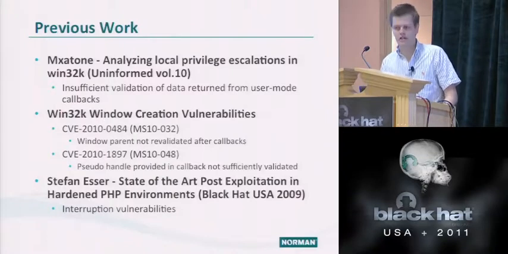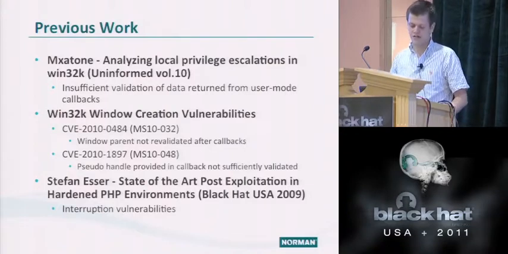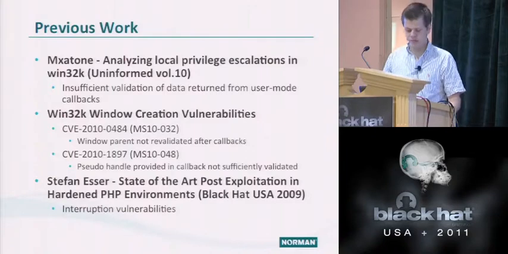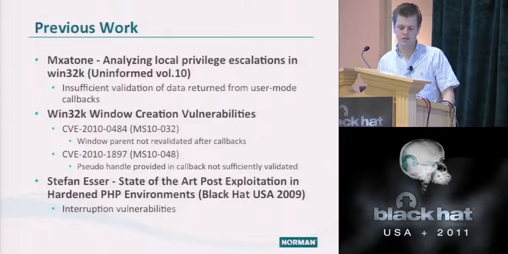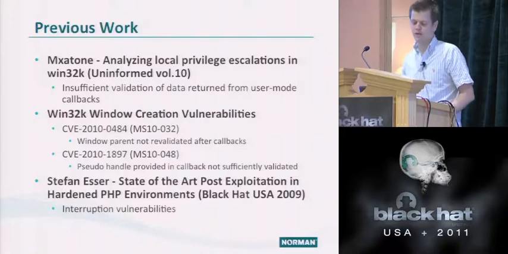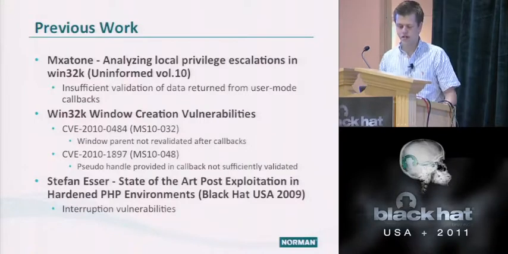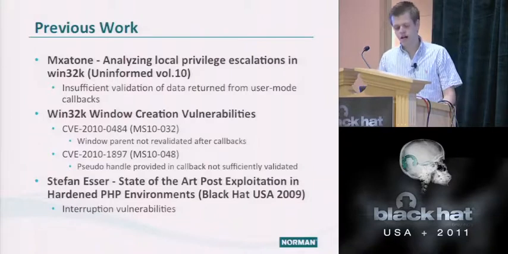There were also some interesting vulnerabilities patched last year, the window creation vulnerabilities, and one of these actually was on changes. MS10-032 was a bug where Win32k did not sufficiently revalidate the parent of a window after a callback. So this was kind of up the alley of where this research is going.